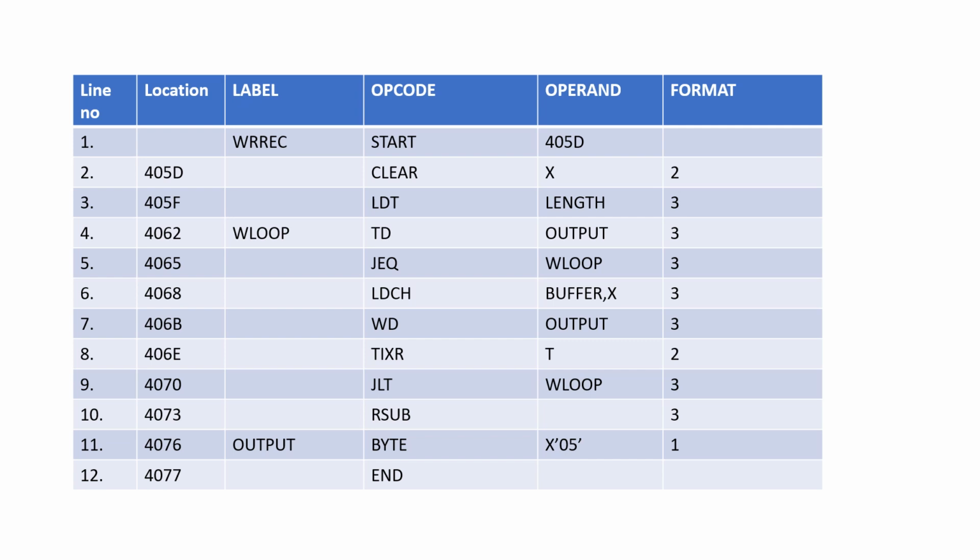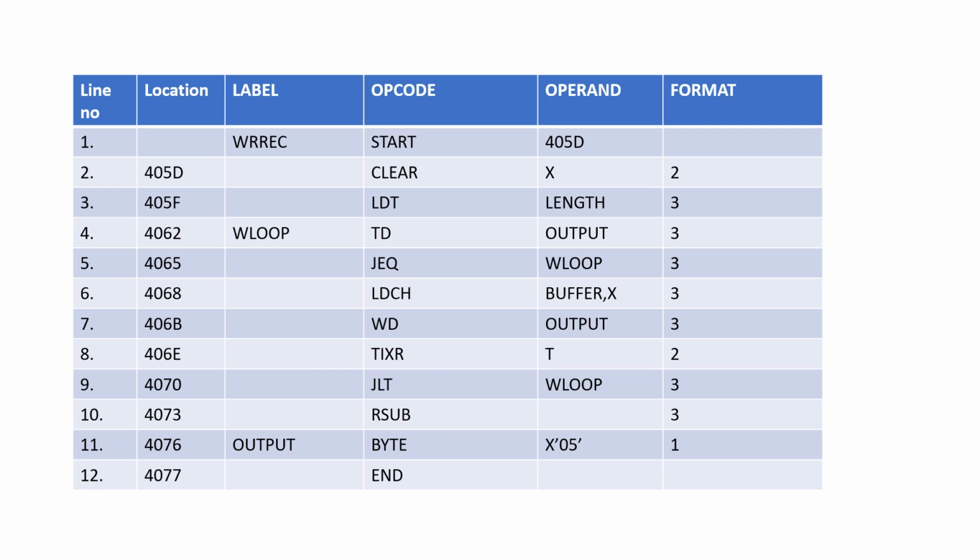The first opcode is CLEAR X, where CLEAR consists of only one register, that is X, so it is of type format 2. And LDT is of format 3 because it doesn't consist of any registers and also there is no plus symbol in front of LDT, so we are considering LDT as format 3.